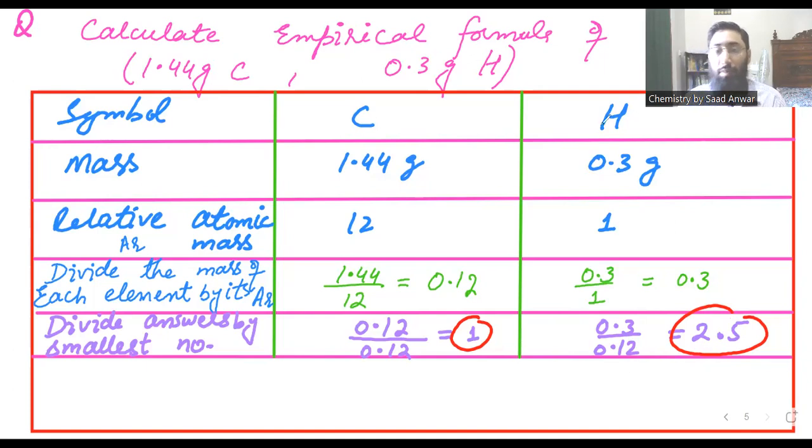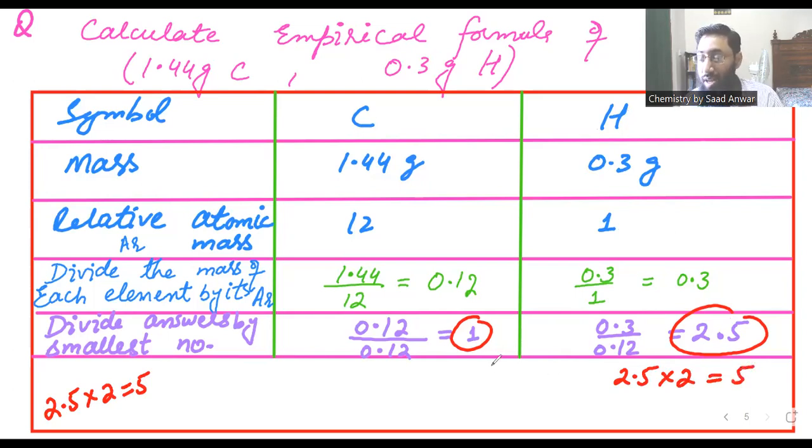Like when I multiply 2.5 with 2, I will get 5. Oh, that is pretty much good. 5 has no point.